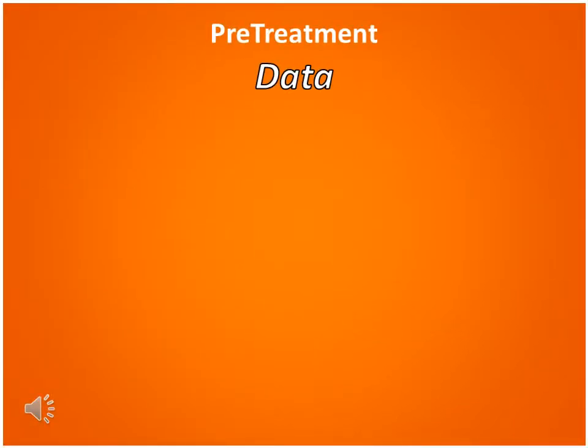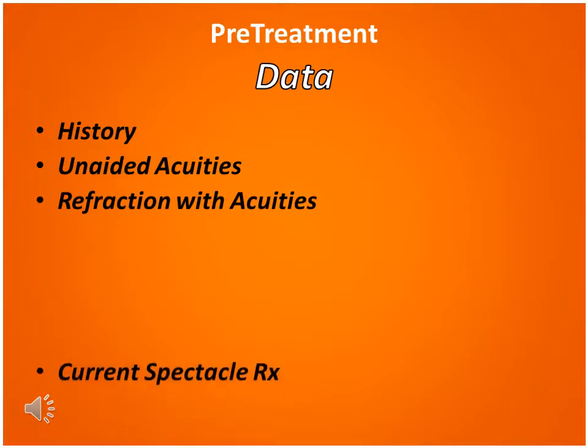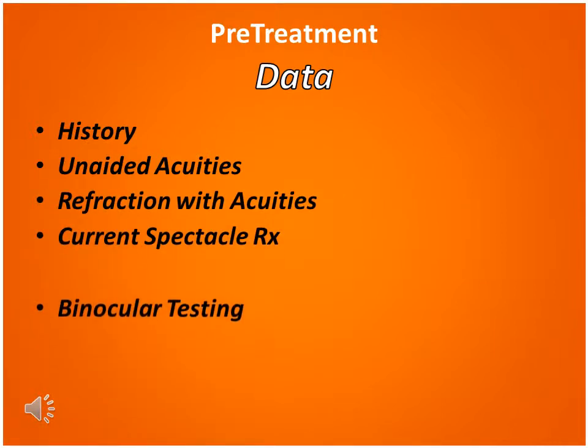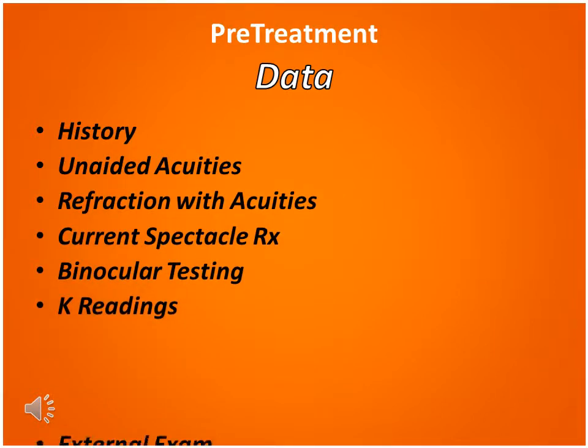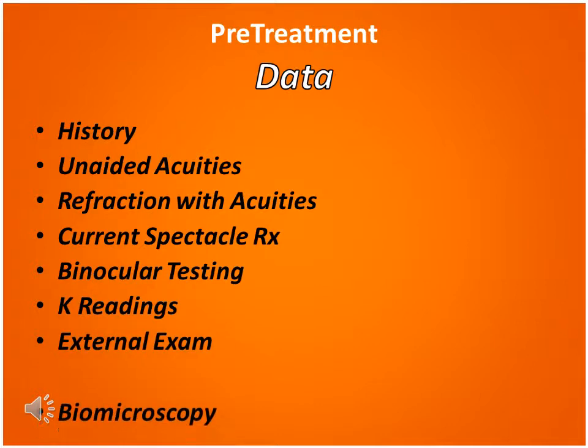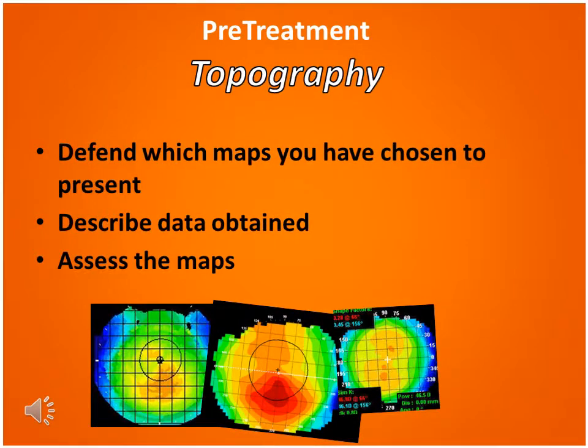I'm going to ask you for some pre-treatment data listed right here. And we're going to ask you for topography, and you have to tell us, why did you choose these maps to show us?